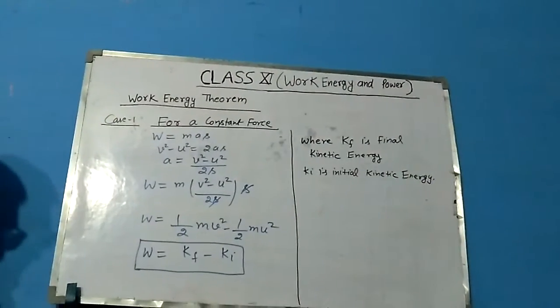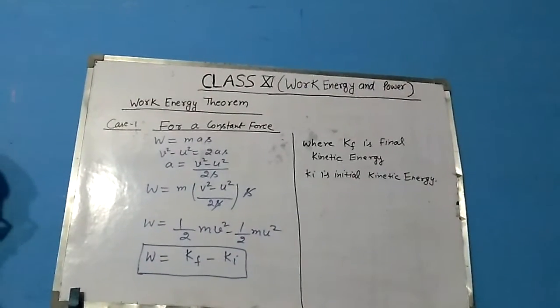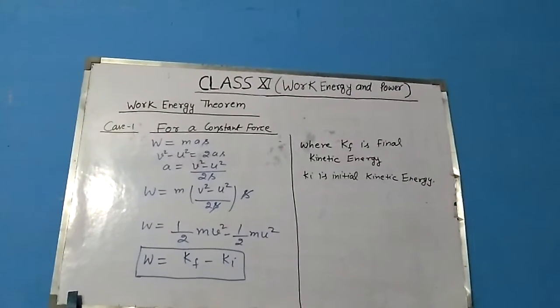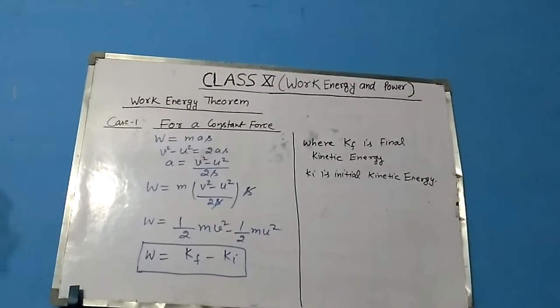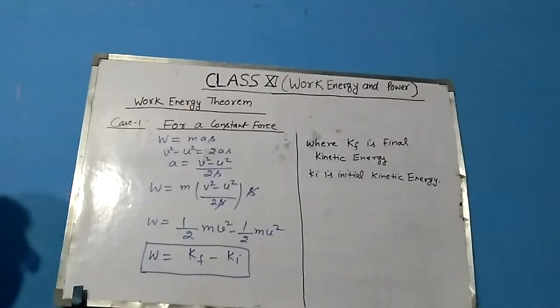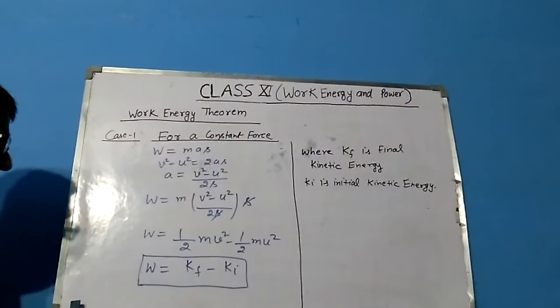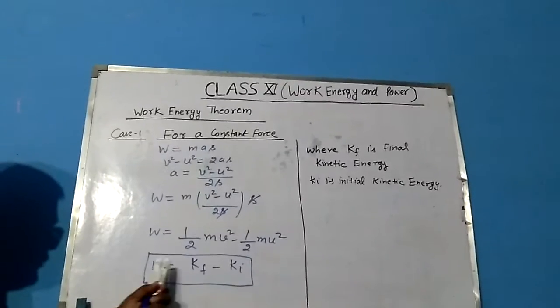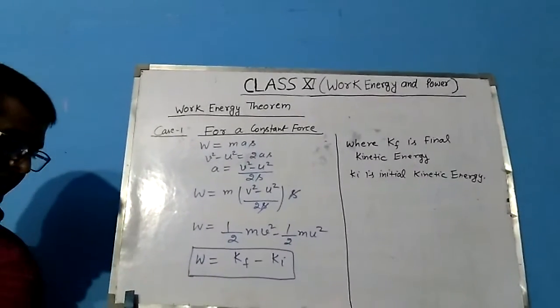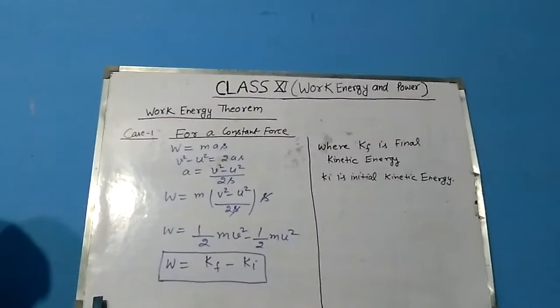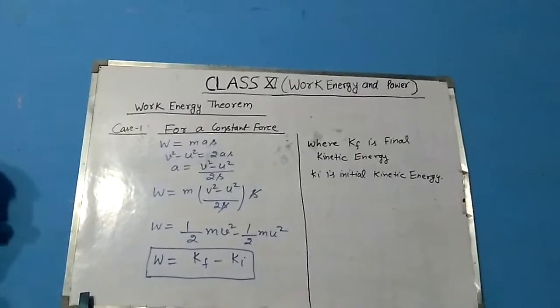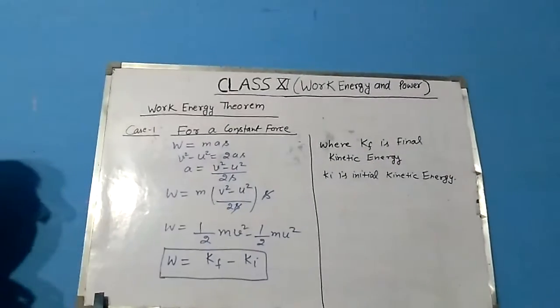Now we have to go for the work energy theorem for a variable force. So we take the second case of the work energy theorem. This is the relation for the first case: work done equal to final kinetic energy minus initial kinetic energy. So change in kinetic energy, final minus initial, is equal to the work done.